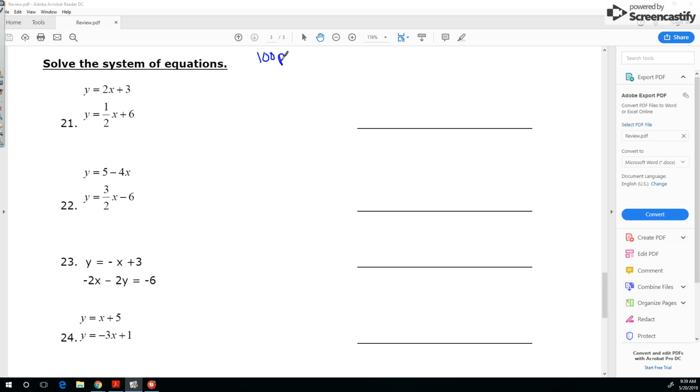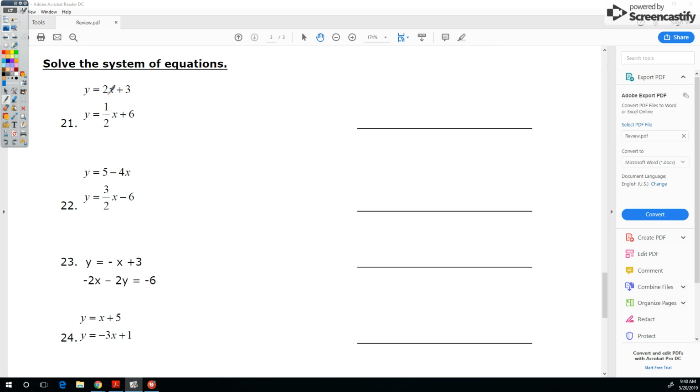If 100 pennies equals $1, and 4 quarters equals $1. Doesn't 100 pennies equal 4 quarters? Yes, because they're both equal to $1. So we're going to use that same exact concept right here.